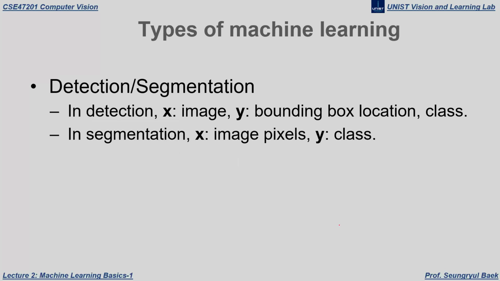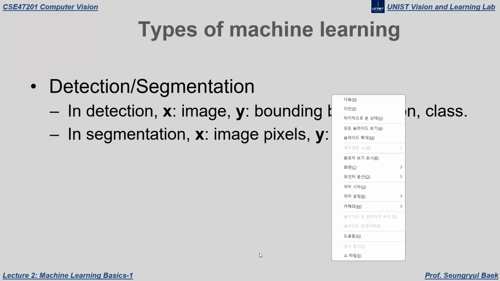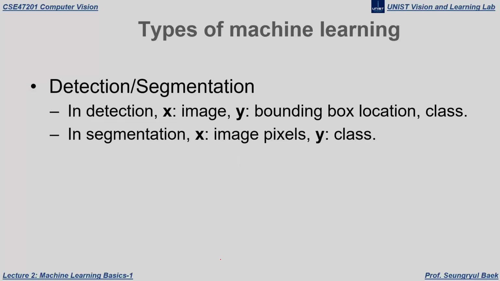Those are also mostly done by framing them as supervised learning. So X, the input, is an image, and Y is the bounding box location and also the class inside the bounding box for the object detection task. And for the segmentation task, X is each image pixel and Y is the class of the image pixels. Okay, so this is also a supervised learning task.